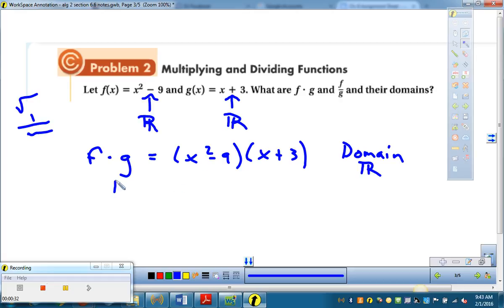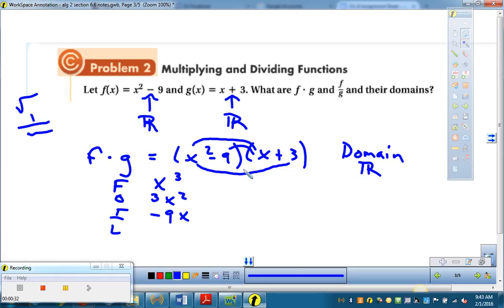So when I FOIL, what do the firsts give me? X cubed. Outer? 3x squared. Inner? Negative 9x. Okay, minus 9x. And last?